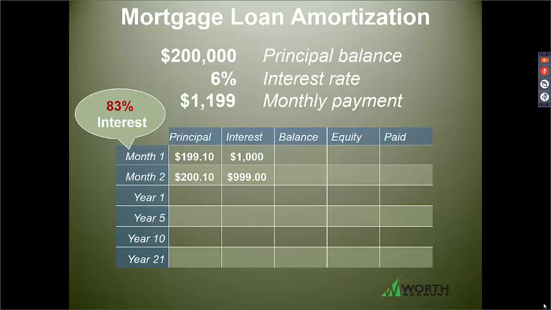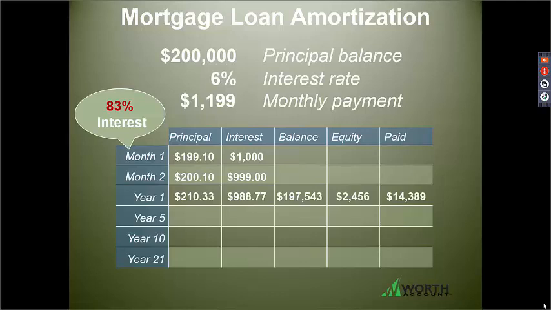It is mapped out from the beginning to the end. 360 months down the road, 30 years later, it knows exactly how much is principal and interest. Now, there is a way to beat this, and we're going to go over that. But month 2, you've got one less dollar going towards interest, and one more dollar going towards principal.